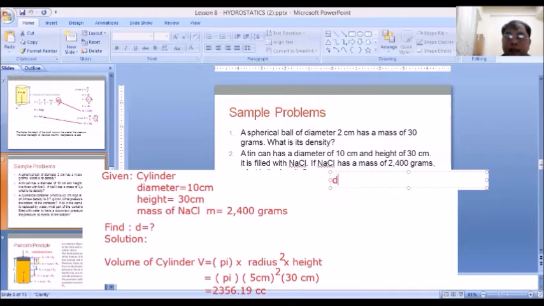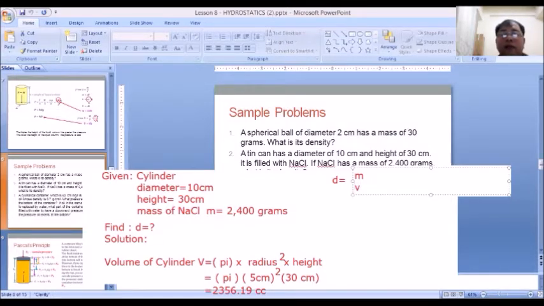And again, D is M divided by volume V. So we will be dividing M by our volume V. That's how we determine our density. The mass is given to be 2,400.